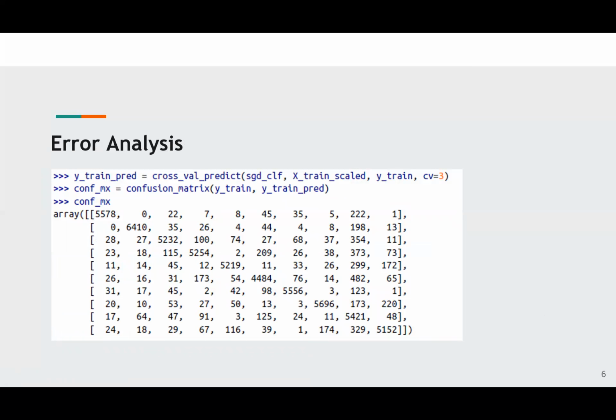Let's look at the error. Once you have a multi-class classification model, let's look at the error. You leverage cross-validation again and come back with a confusion matrix. The confusion matrix is no longer as simple as the 2 by 2 we saw.